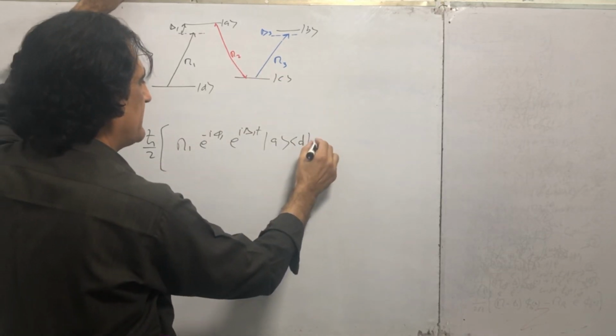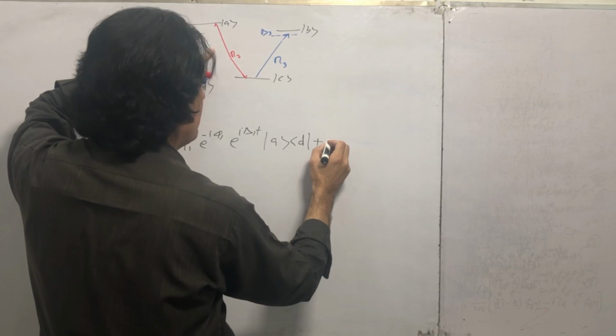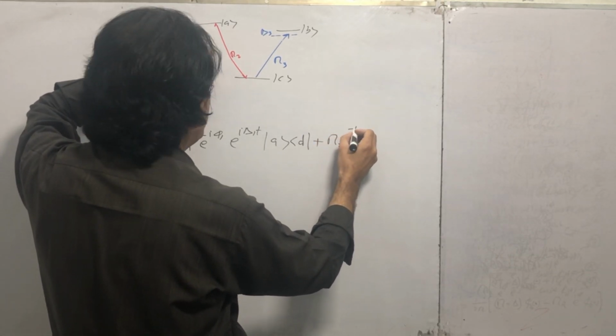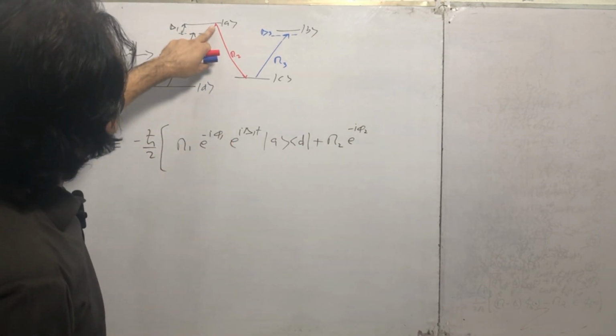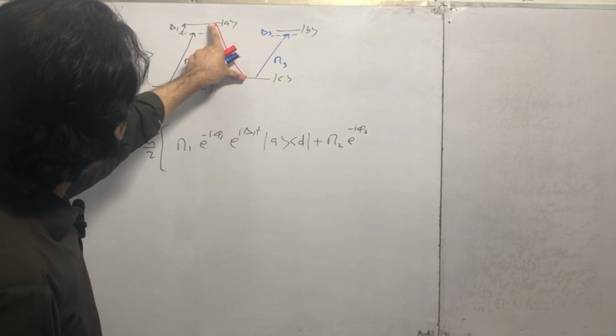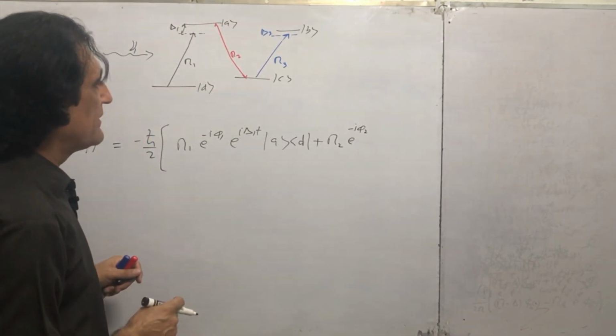This field is interacting with A and C. So Ω2 e^(-iφ2). But here there is no detuning. This is completely resonant. This field is resonant with this transition frequency.